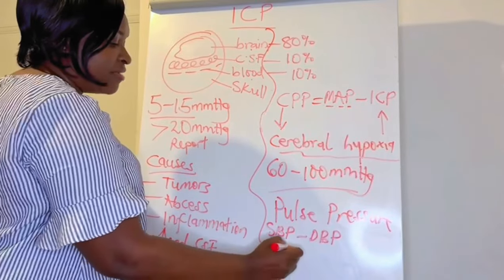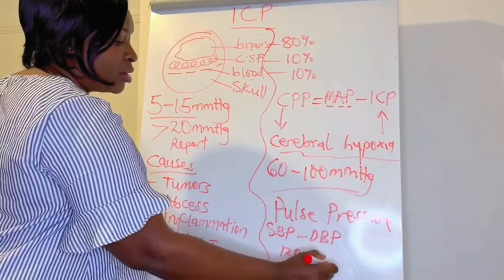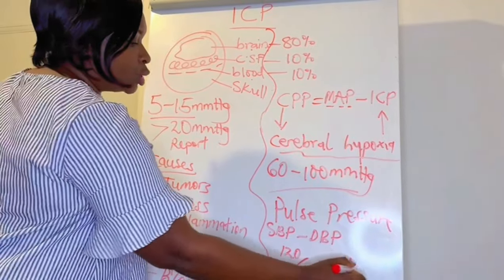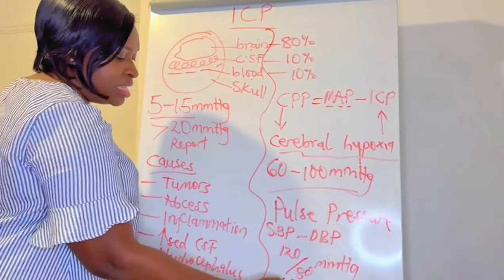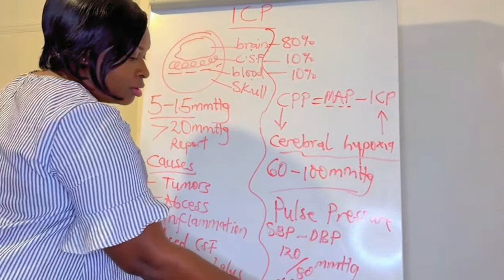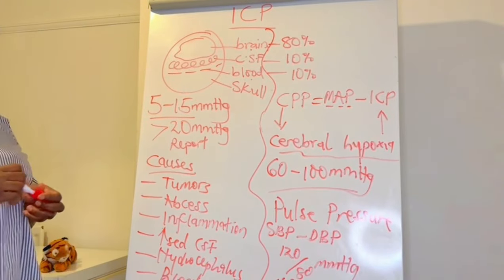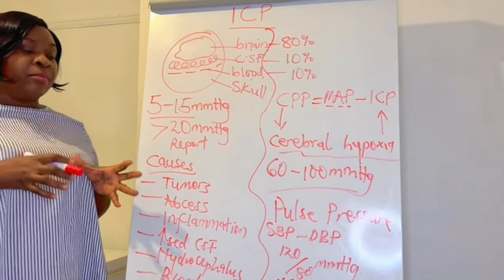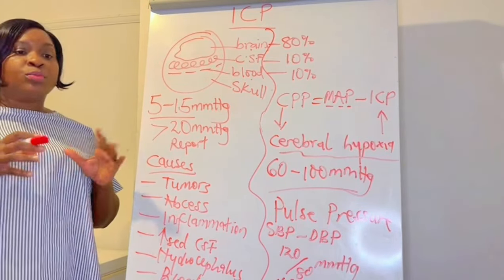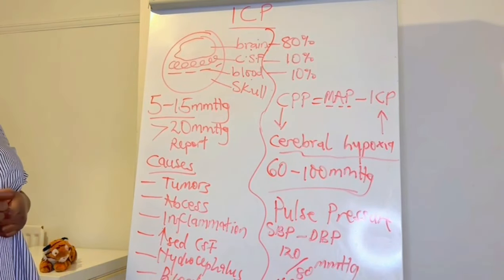So in essence, if I have a blood pressure of 120 over 80 millimeters of mercury, for me to get my pulse pressure, I'm going to say 120 minus 80, and that will give me 40 millimeters of mercury. Fortunately, this is the required or normal pulse pressure we want our patient's blood pressure to be. Anytime we take away the diastolic blood pressure from the systolic blood pressure, we should be having 40 millimeters of mercury. So keep that information.